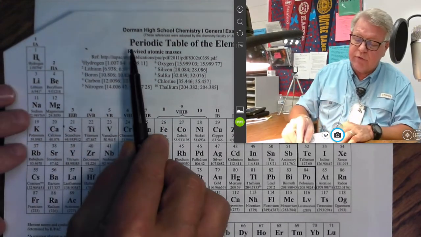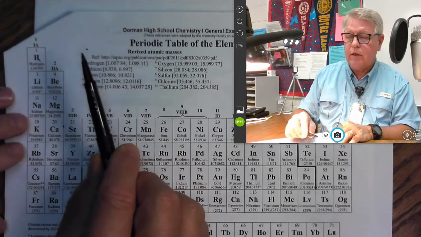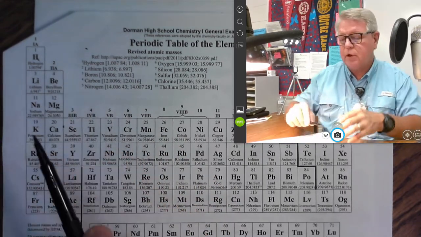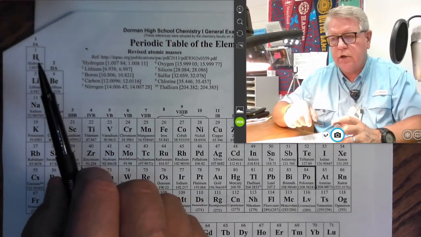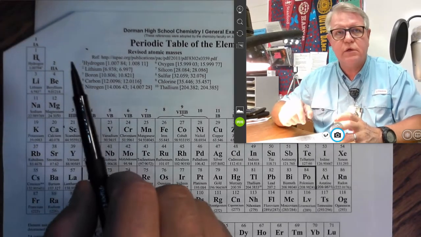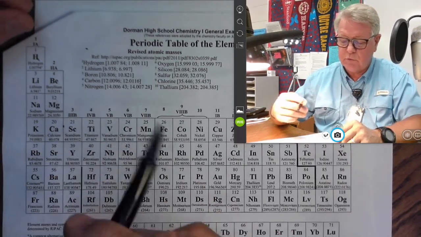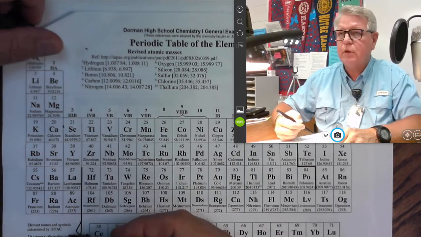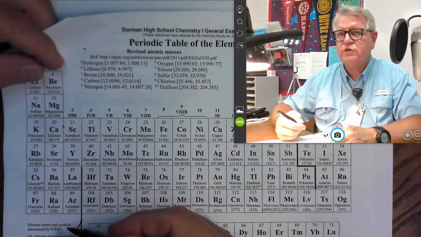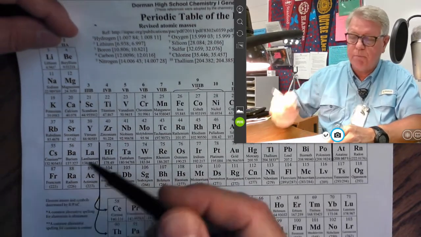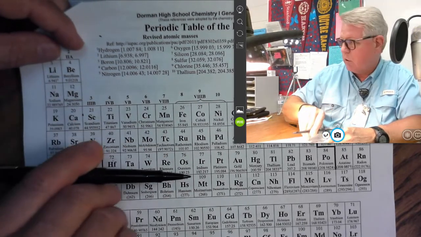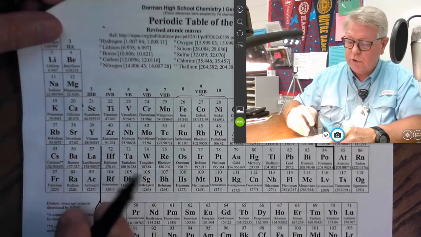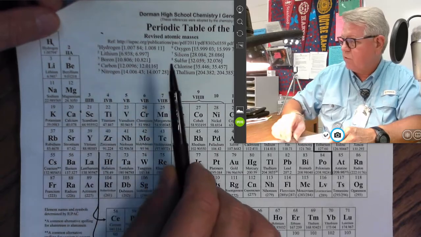It's from that we get this name, periodic table. And it's called the periodic table because the chemical properties of elements periodically repeat. So all the elements in the same column have similar chemical properties. They come around periodically. And so the periods are the rows, and the groups or families are the columns.